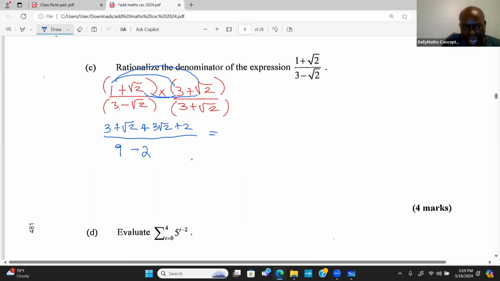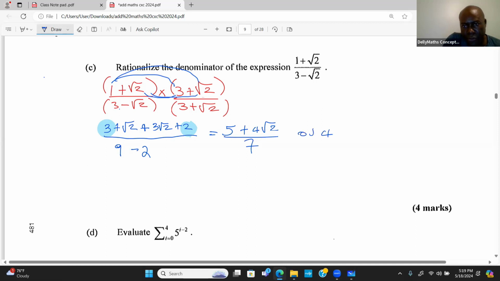Now let's take it a step further. Let's put together our regular numbers. So 3 plus 2 is going to give me 5. And then 1 root 2 plus 3 root 2 is going to give me 4 root 2. So I have 5 plus 4 root 2 over 7.